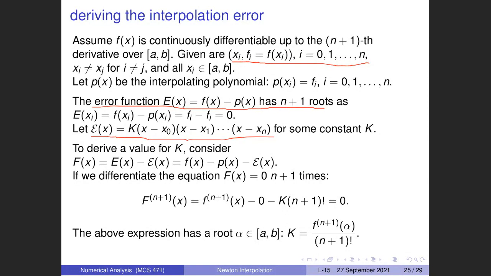So there's a fifth function coming in here, this capital F. And it seems to get more complicated and more complicated. But as we take derivatives and derivatives, the interpolating polynomial drops out. And we can find an expression for this big K. So we are after the big constant K in our representation of the error.